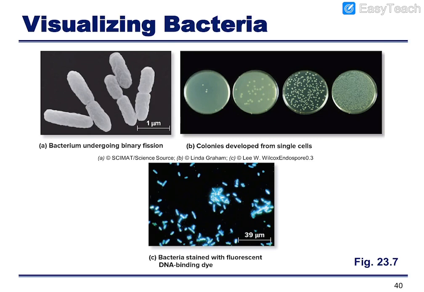Now, of course, you can observe bacteria undergoing division, like binary fission, asexual reproduction, under a microscope. You can also visualize bacteria by growing them in an agar plate. Bacteria are also easily visualized when staining them with fluorescent dyes. There are so many ways to visualize bacteria, study them, manipulate them, you name it.